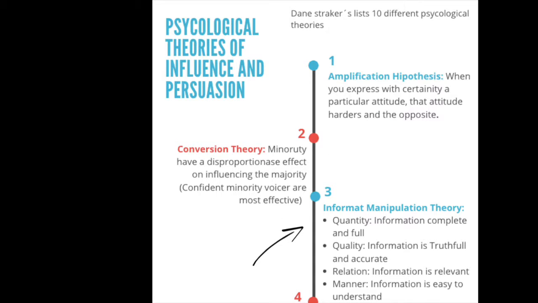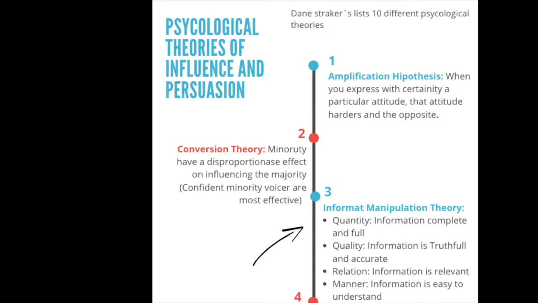The third one is the informal manipulation theory. This theory talks about how a persuasive person deliberately breaks one of the four conventional maxims. Those maxims are quantity, quality, relation, and manner. Quantity means the information needs to be full and complete.